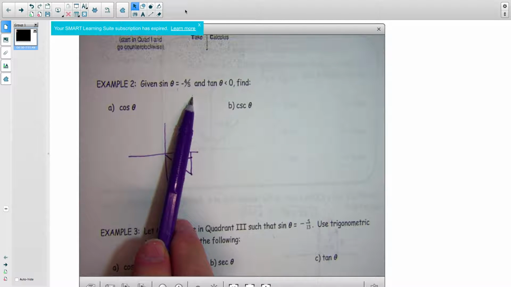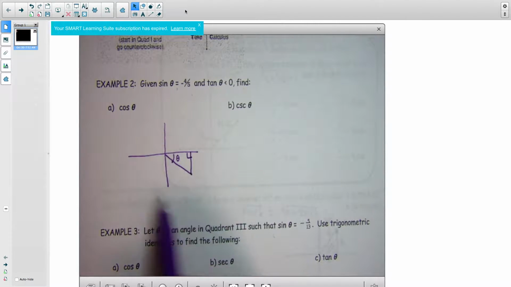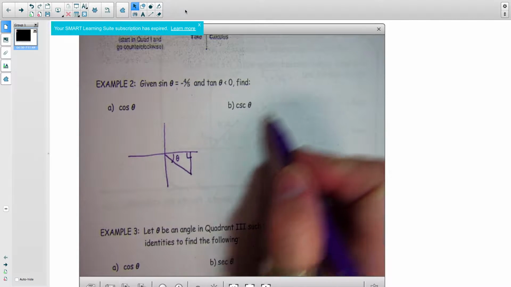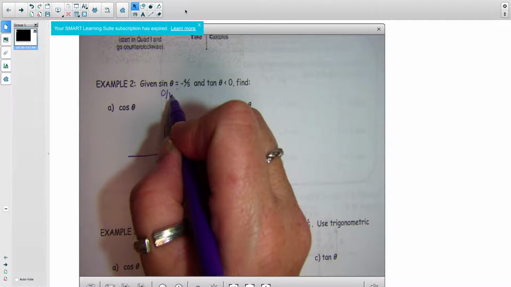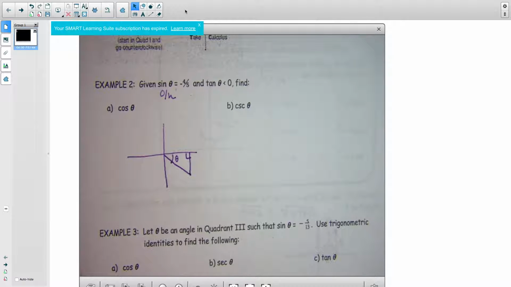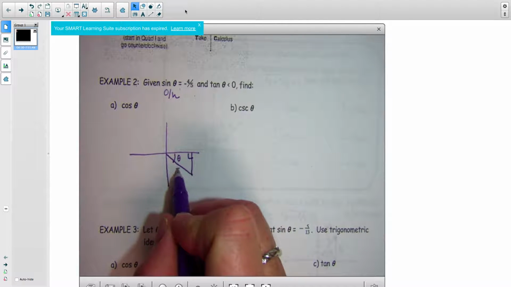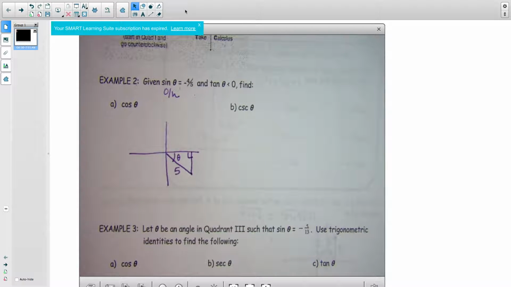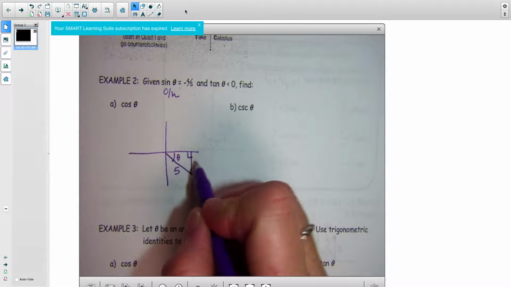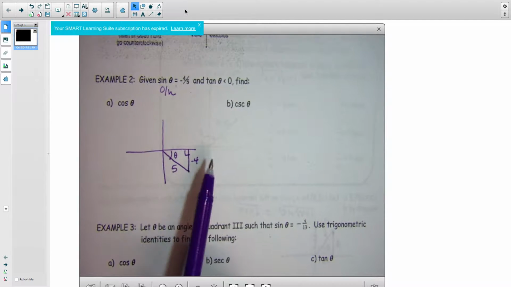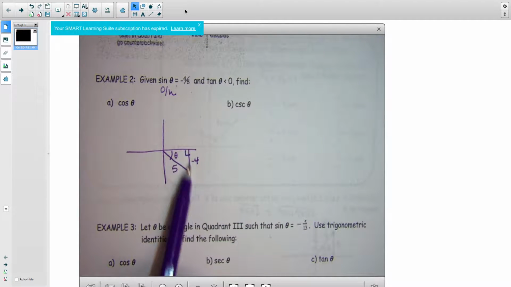Sine is negative 4 over 5. 5 is which part of this triangle? The hypotenuse. Sine is opposite over hypotenuse. So 5 is your hypotenuse. Hypotenuse is always positive. And then opposite is negative 4. Does that make sense that this opposite side is negative?